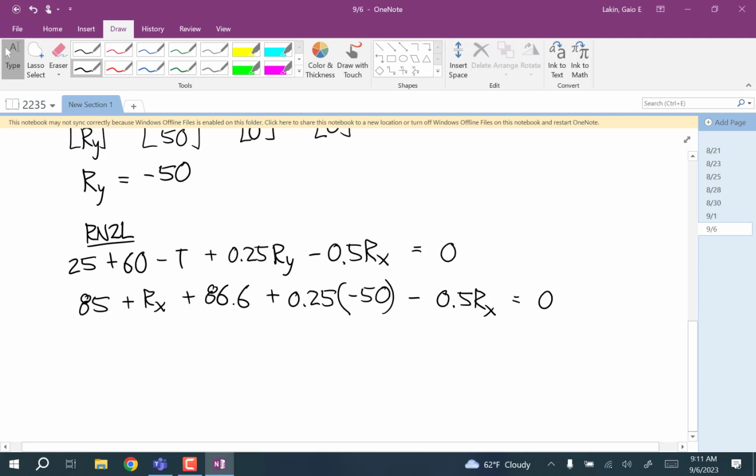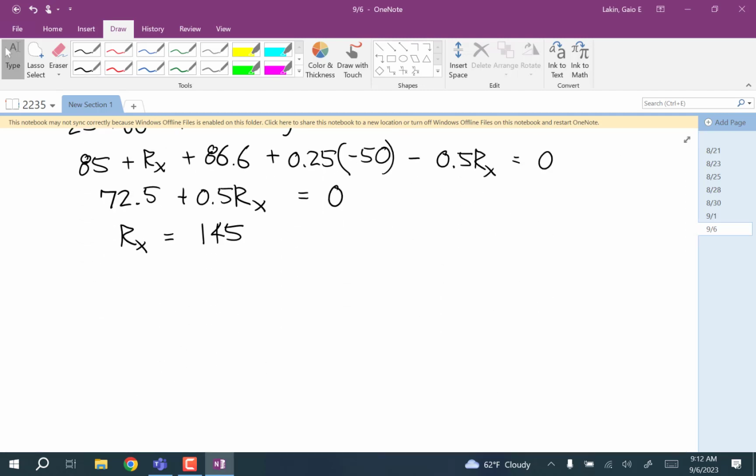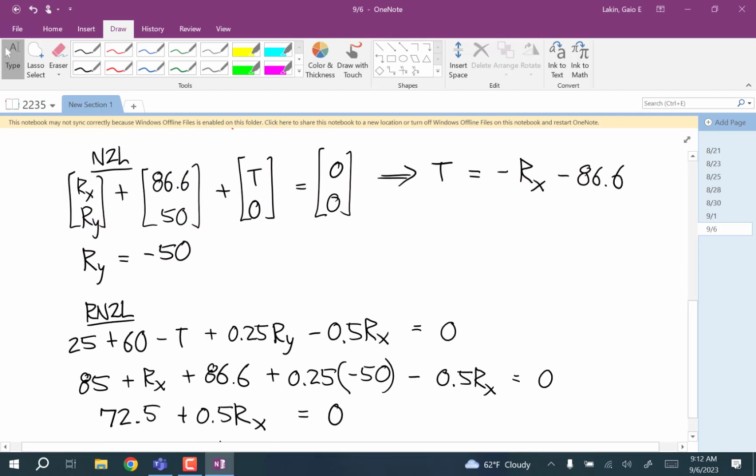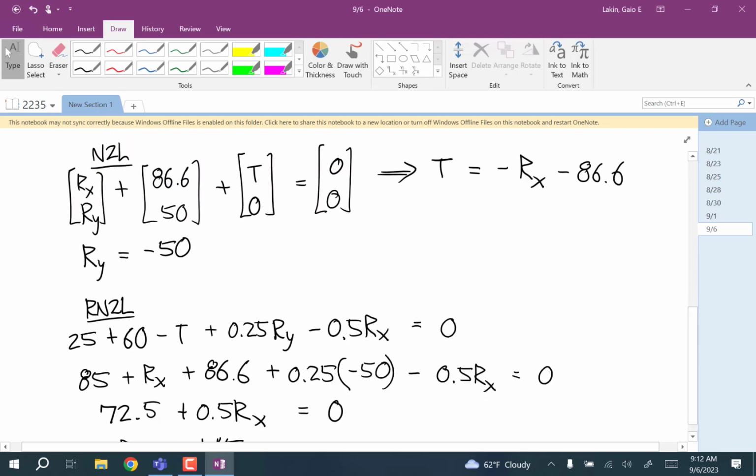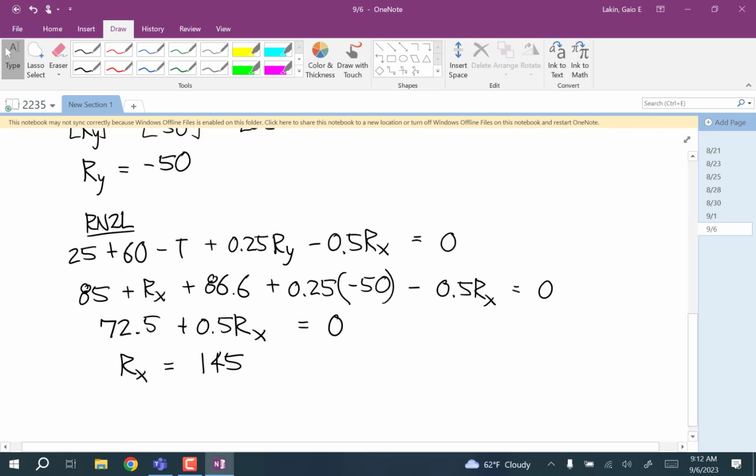So we have negative 12.5, that's 72.5, plus 0.5 Rx is equal to 0, I think. So Rx is equal to 145. And then T is equal to minus 145 minus 86.6.